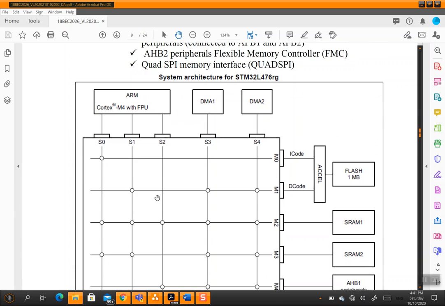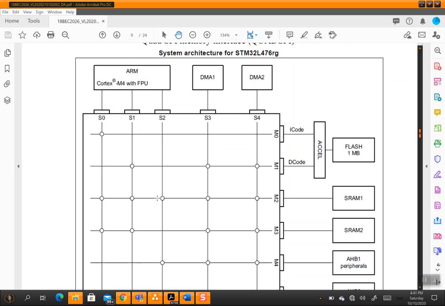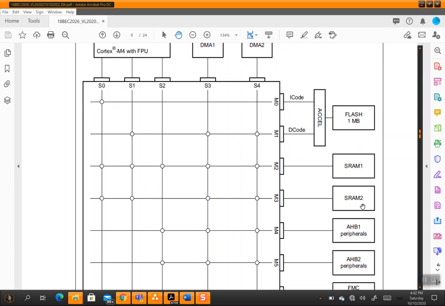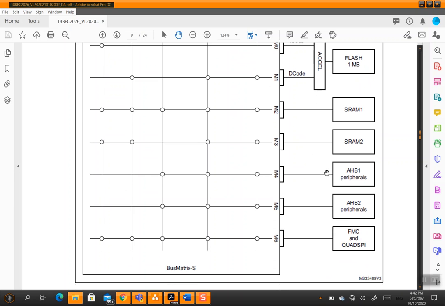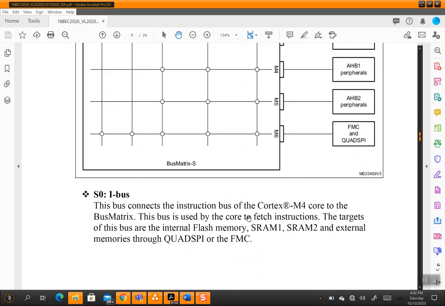Just to summarize, the system architecture looks like this. I already explained the Cortex-M4 with FPU, and there is an I-code, a D-code, and here are the SRAM1 and SRAM2. These we can call memory management.